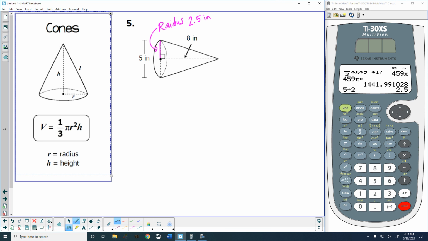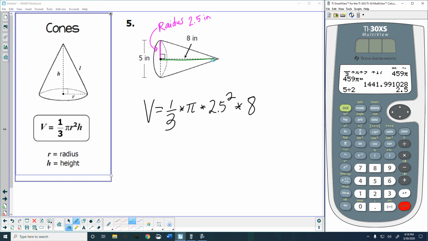So when we do our volume formula, 1/3 times pi times radius squared, which is going to be 2.5 squared, and then we'll multiply that by the height of the cone, which is sideways, but the height of that cone is 8.